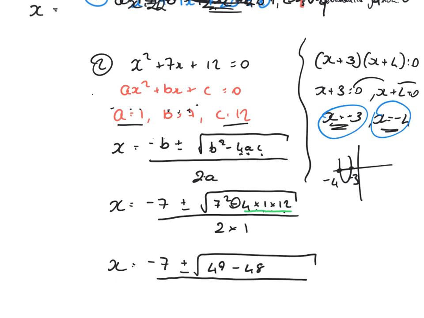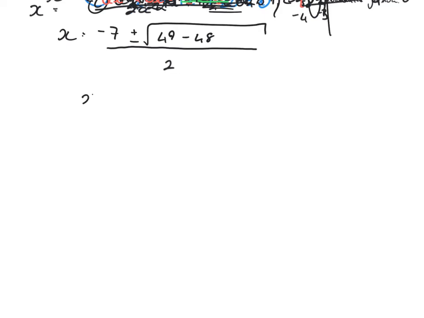All divided by 2 times 1, which is 2. Okay, let's keep going and taking our time. x equals minus 7 plus or minus the square root of 49 take away 48, which is 1, over 2. And then the square root of 1, that's easy, that's just 1. So now we've got x equals minus 7 plus or minus 1 over 2.